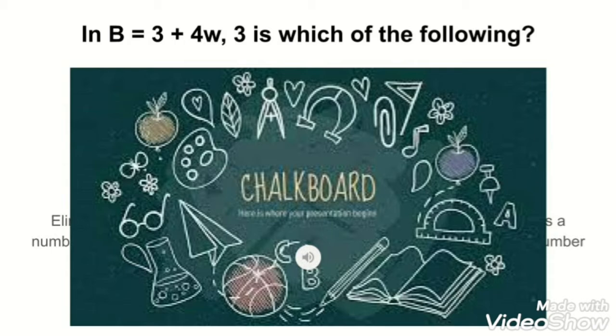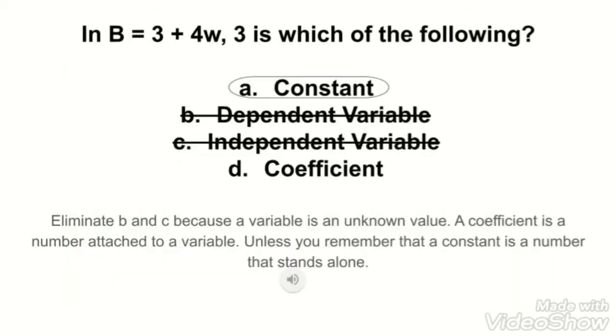In B equals 3 plus 4w, 3 is which of the following? Now it'll be the same thing. Now we're looking for: is it a coefficient? Is it a dependent variable, independent variable? Is it an exponent? What is it?